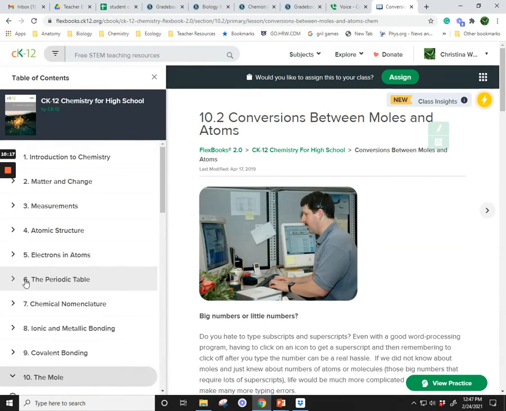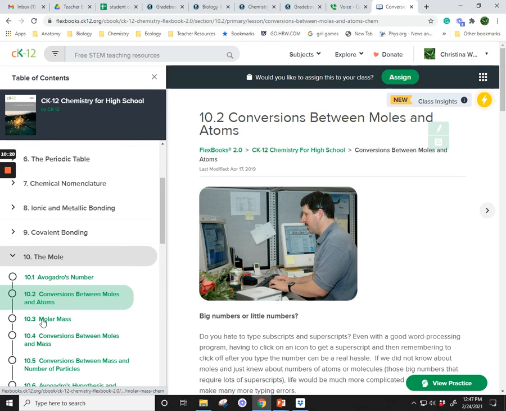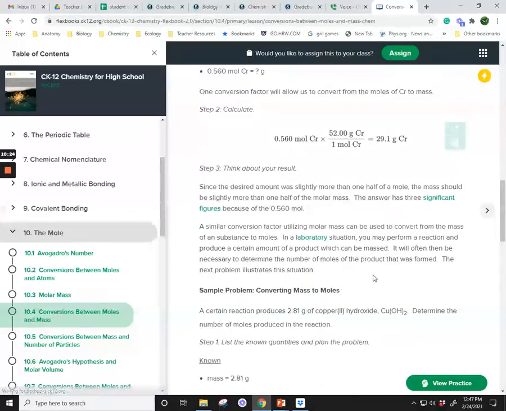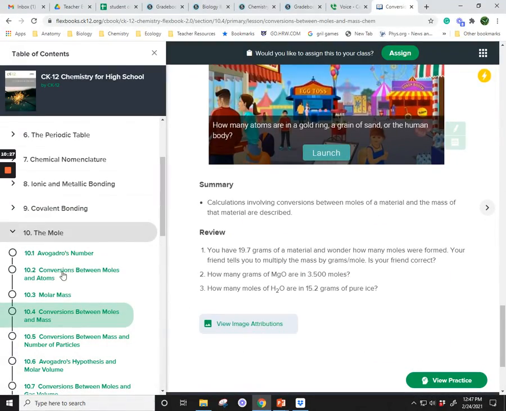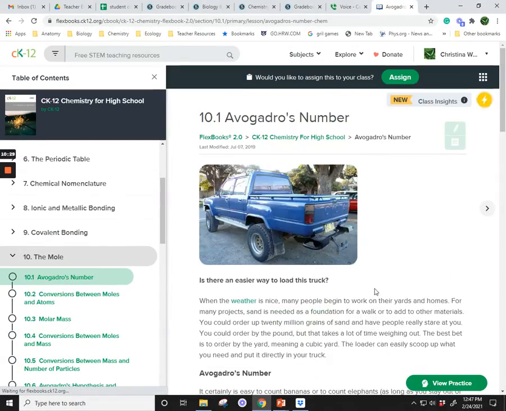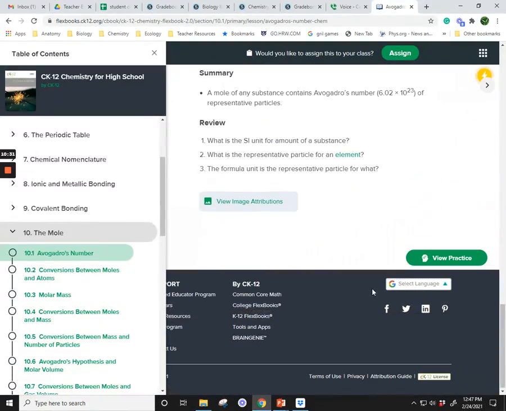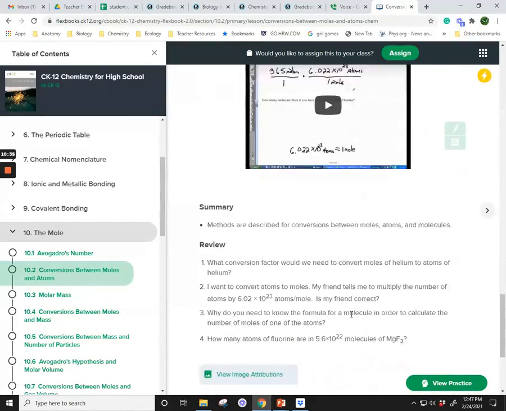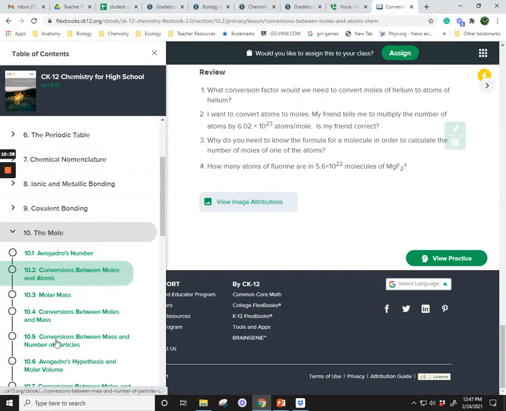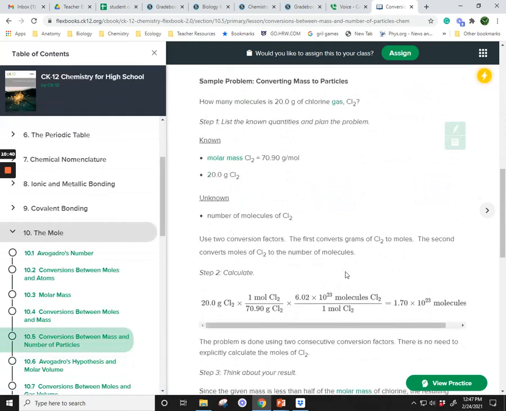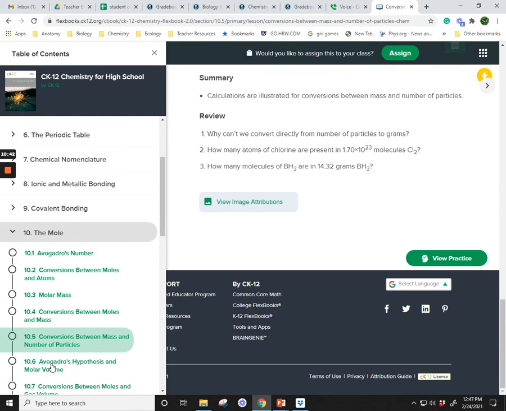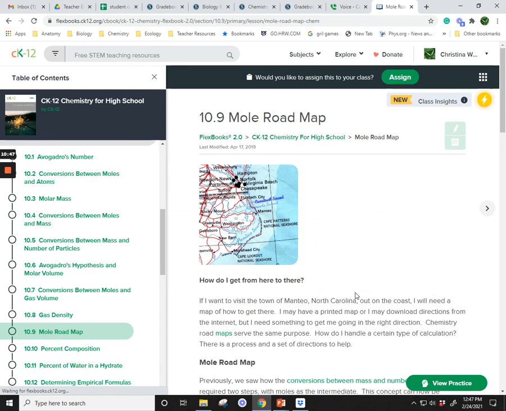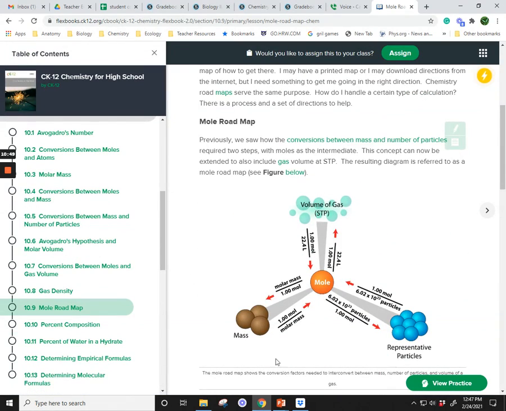Let's see. I'm sorry, this isn't working out so well. Maybe it's on this picture. That's on one of these lessons I found, and I liked it. And I was going to make a PowerPoint to include the picture, but I'm not having any luck finding it because I know it's on here somewhere. Oh, here it is, the mole roadmap. Sorry.